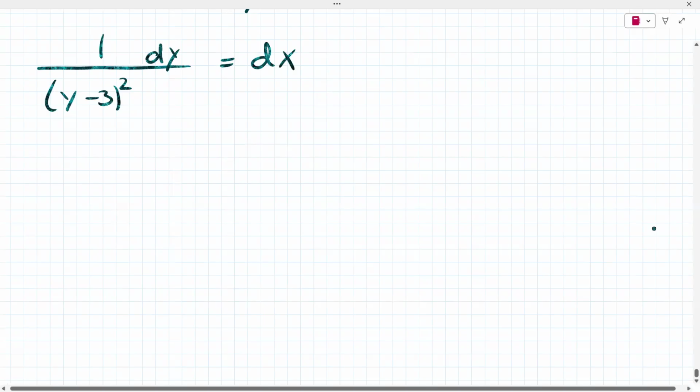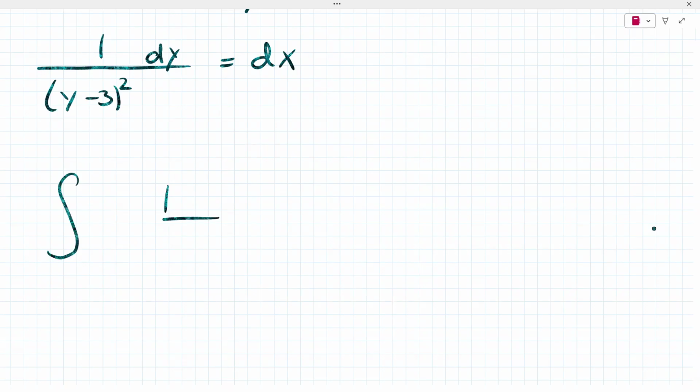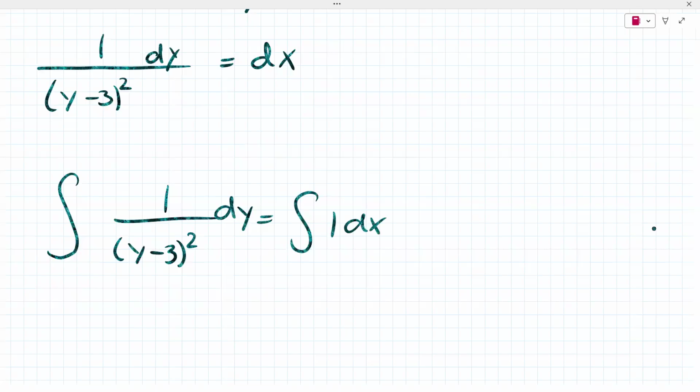So this is going to be the integration of 1 over (y minus 3) squared dy, and then the integration of, this is like a 1, so it's the integration of 1 dx. Simple. The integration of 1 dx is just x. What about here? How do you take the integration of 1 over (y minus 3) squared? You would have to do u substitution.